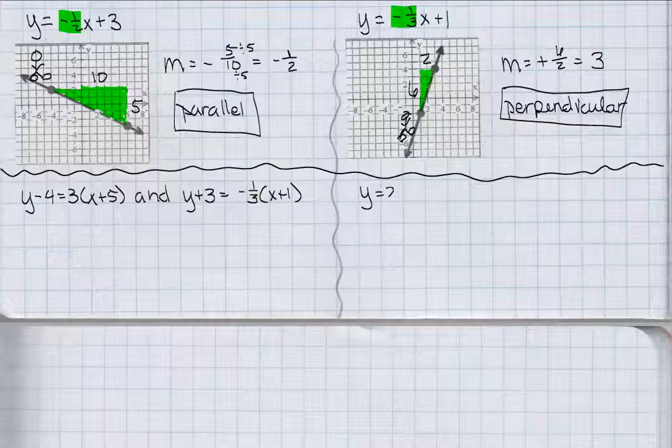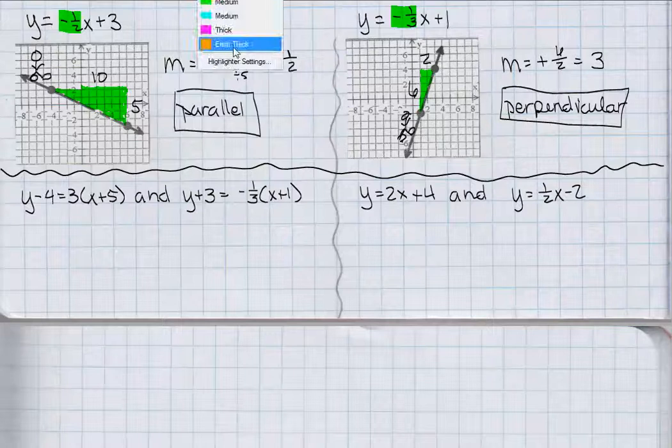And y equals 2x plus 4, and y equals 1/2 x minus 2. So we have to compare them and see if they're parallel or perpendicular.